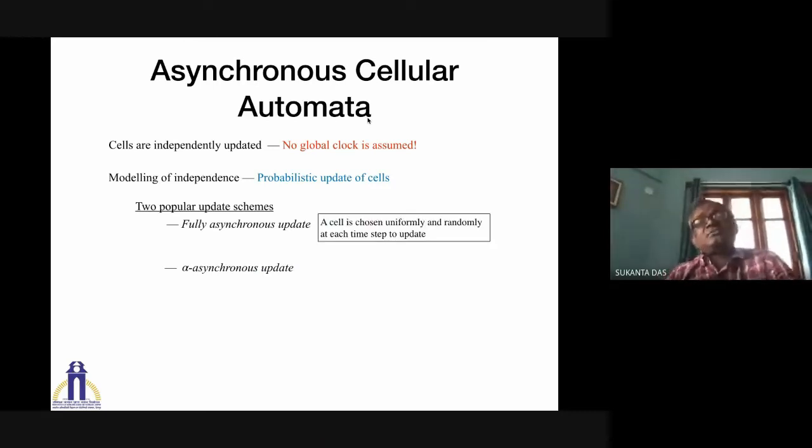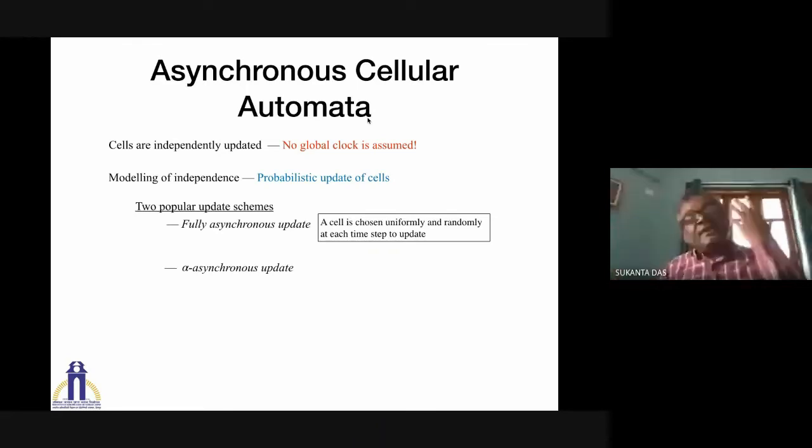Fully asynchronous update means a cell is chosen uniformly at random at each time step to update. You have a set of cells: if it is 1D, an array of cells; if it is 2D, a grid of cells.